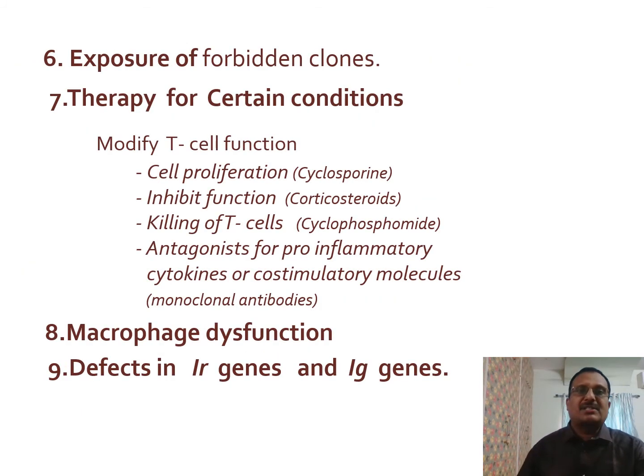And next one is exposure of forbidden clones. It means that during the developmental stages of the T and B lymphocytes, some of the epitopes on the cells will not be removed totally, and these forbidden or hidden clones can get exposed during the lifetime and cause the production of an uncontrolled number of antibodies.